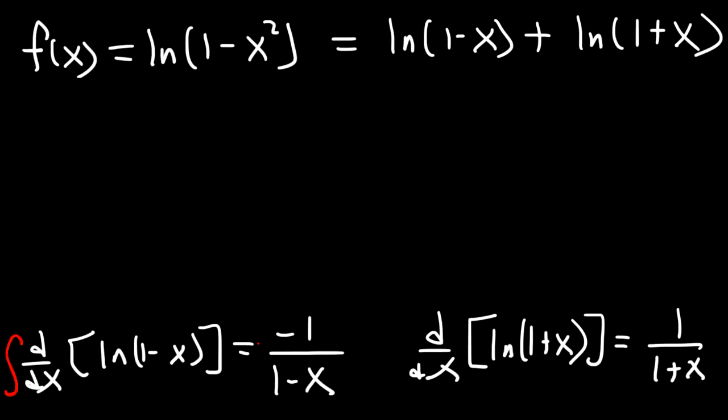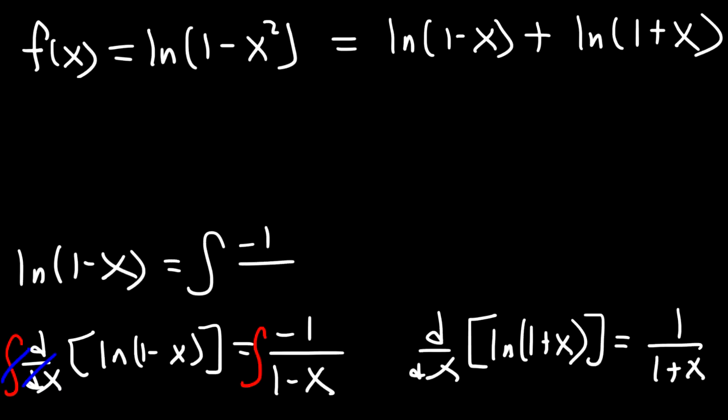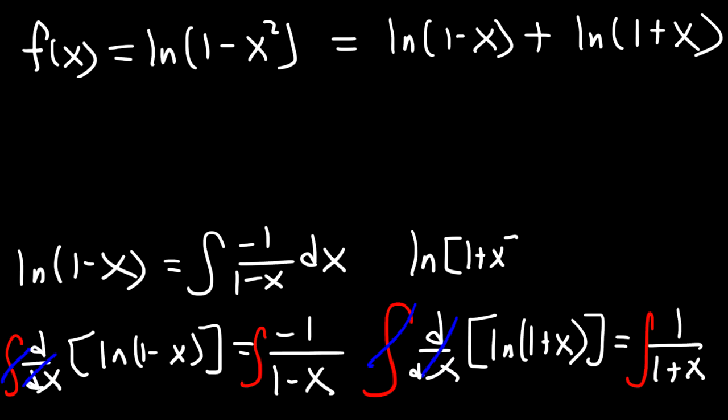Now let's take the integral of both sides. These two will cancel, and so we can say that ln(1 minus x) is the integral of negative 1 over 1 minus x dx. And if we do the same thing here, these two will cancel, and so we could say that the natural log of 1 plus x is the integral of 1 over 1 plus x dx.